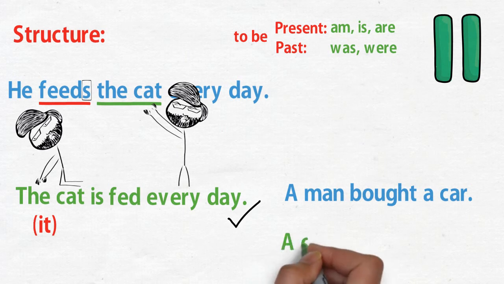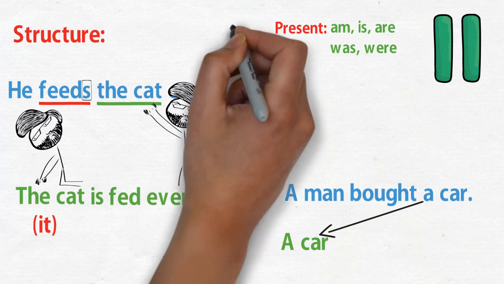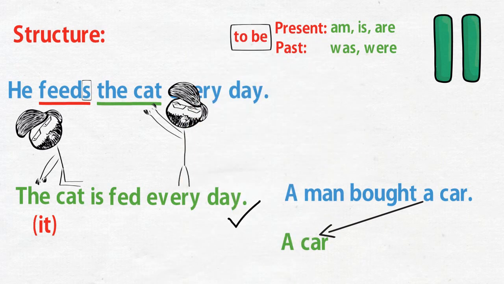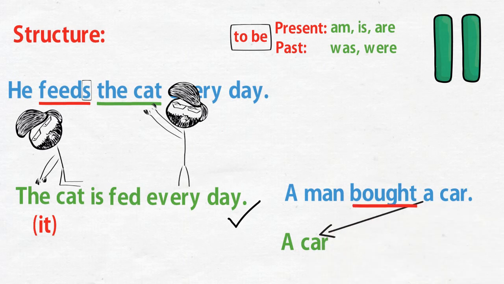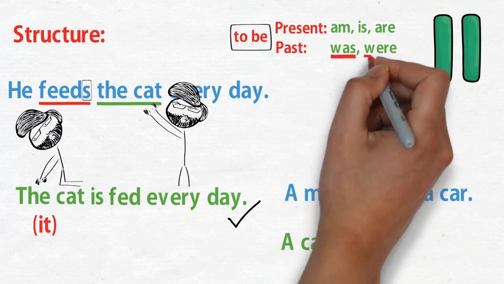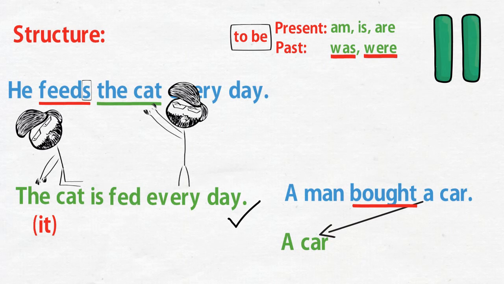Same thing with the next example, with a slight change. We put the object of the active sentence at the beginning. Now we need to use the verb to be. Look at the main verb in the active sentence. It's bought, which means we have to use the past simple form of verb to be. Either was or were. Now go back to the beginning and look, we have a car.